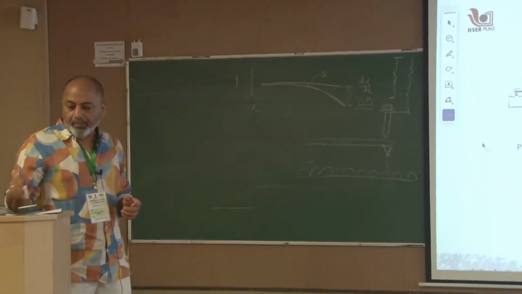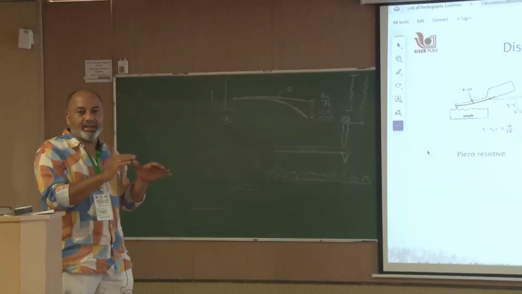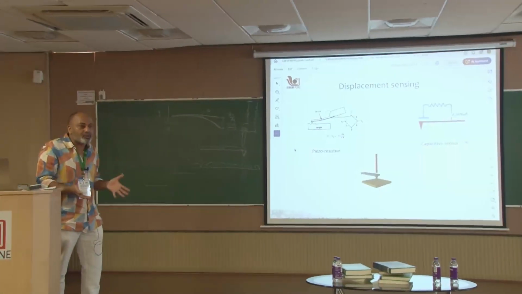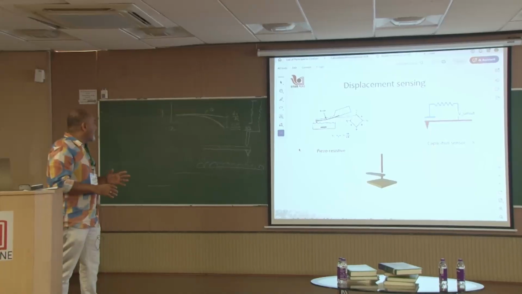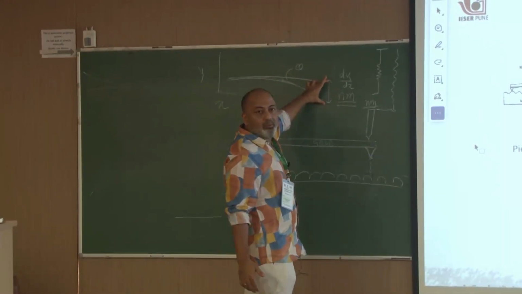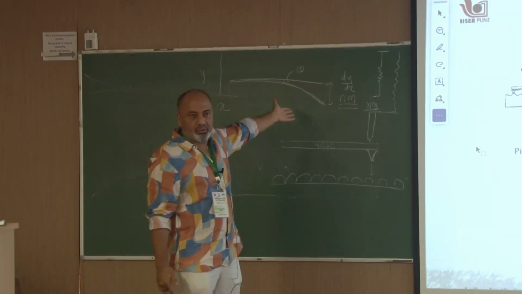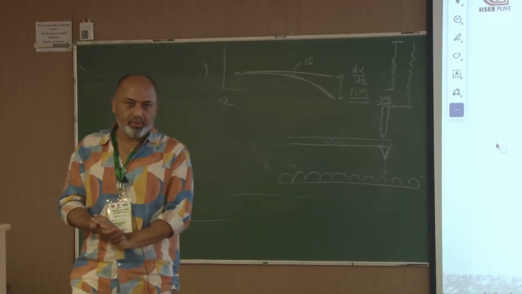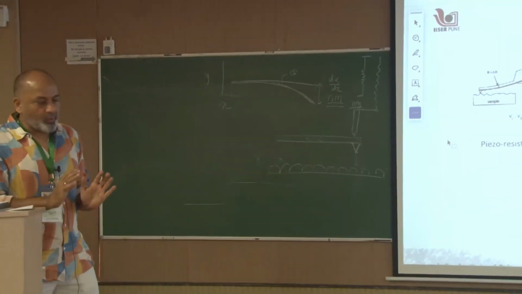So there are various ways in which you detect that bending. In general people call this a few nanometers of bending, but bending is never in nanometers. If you want to convert that into angle, you just look at the length of the lever and how much this nanometer is, and you divide this by that to get the angle, which is a very small angle. Okay, so that's one thing.